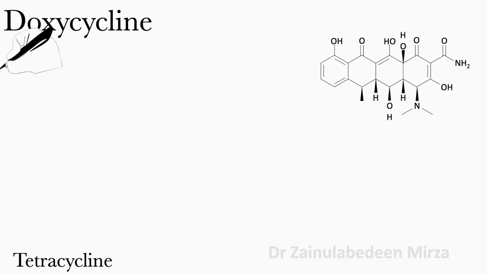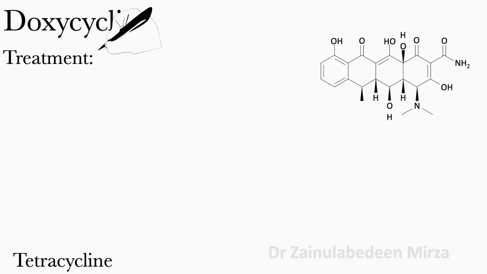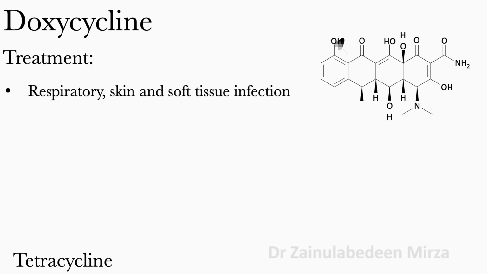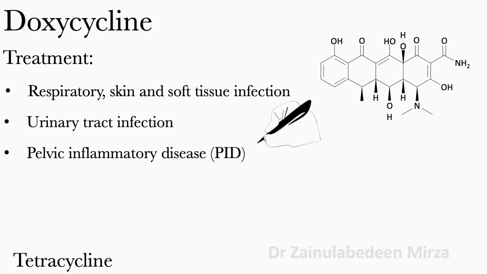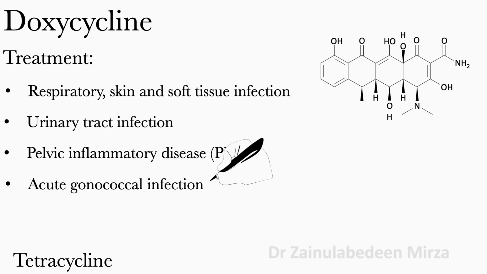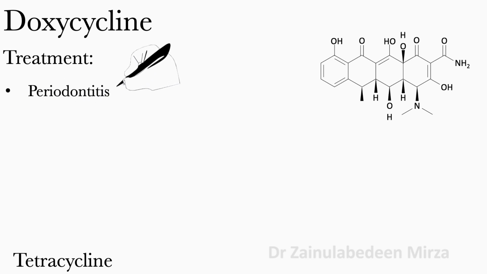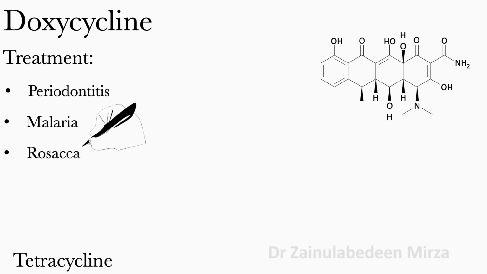Doxycycline is used to treat respiratory, skin and soft tissue infection, urinary tract infection, pelvic inflammatory disease, acute gonococcal infection, syphilis, and cholera. Periodontitis, malaria, rosacea, and others.